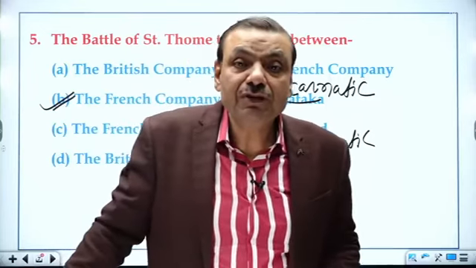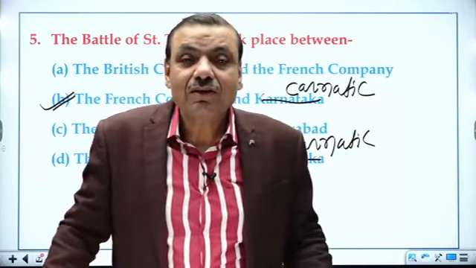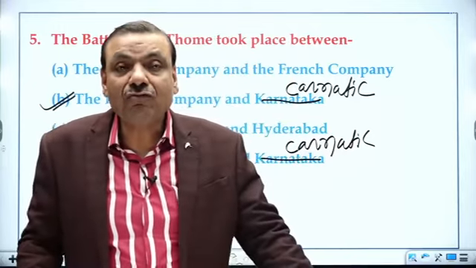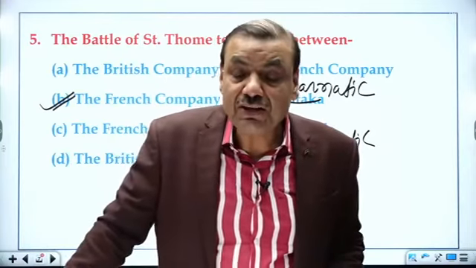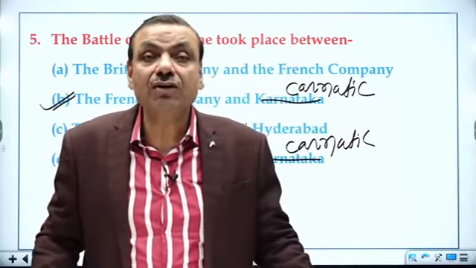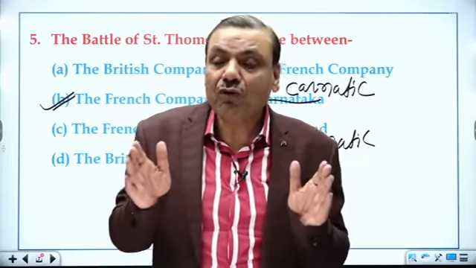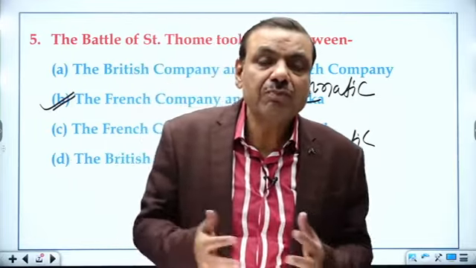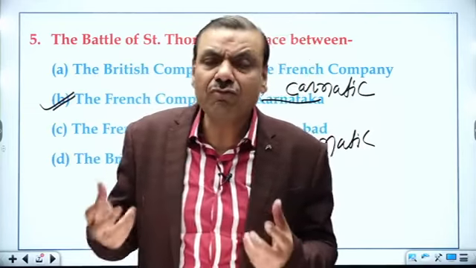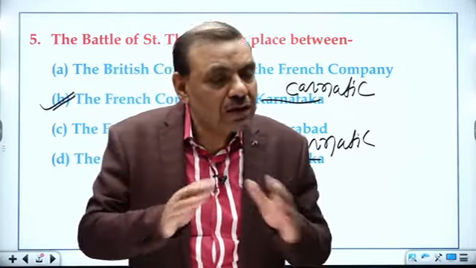But the French company refused to comply with the order. So Anwaruddin, the Nawab of Carnatic, sent a military contingent of 10,000 soldiers under Mahfuz Khan, but he was defeated by a smaller contingent under Captain Paradise in the famous Battle of Saint Tome. So the Battle of Saint Tome became a landmark event in history. So you people are 100% correct.